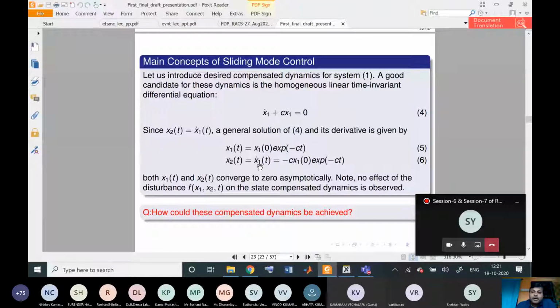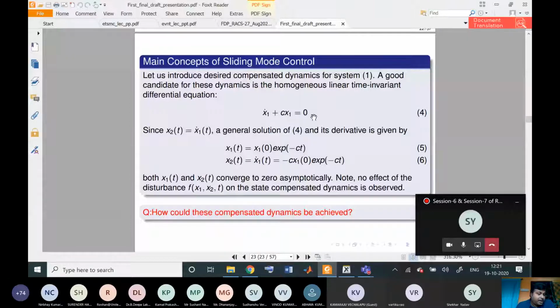If we select c greater than 0, then x1 t and x2 t both go to 0 asymptotically. It means that if by a control we achieve a compensated dynamics like equation number 4, then our control objective is fulfilled. Now the question is how to achieve this compensated dynamics?